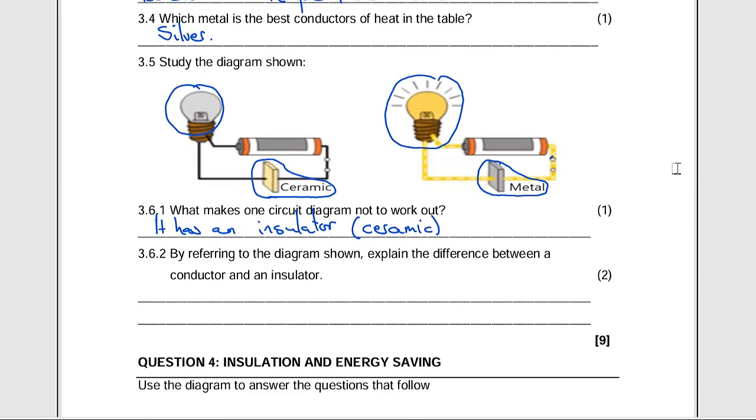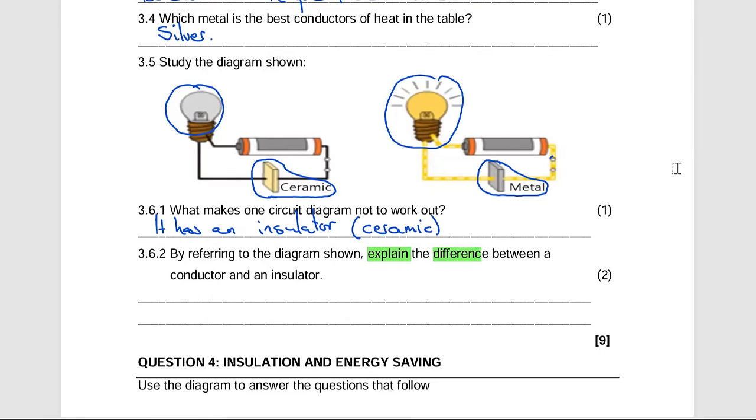Moving on to 3.6.2, it says, by referring to the diagram shown, explain the difference. Okay, so we're supposed to explain the difference between a conductor and an insulator. What are the major differences between a conductor and an insulator?